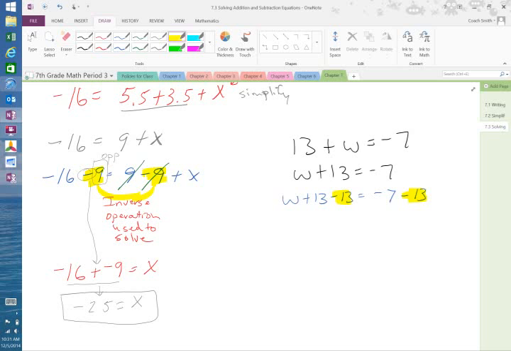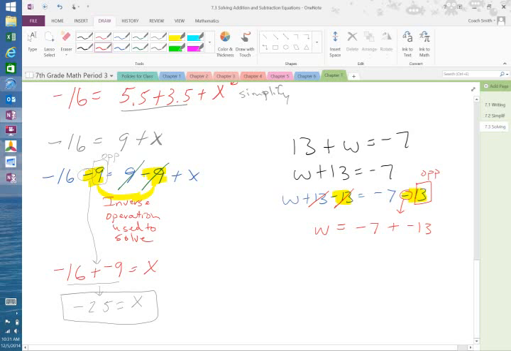Okay, now, on our left side of the equation, the plus 13 and the minus 13 cancel each other out, leaving W equal negative 7. Change the subtraction to addition, and do the opposite of 13, which is negative 13. Now, I have two negative numbers.